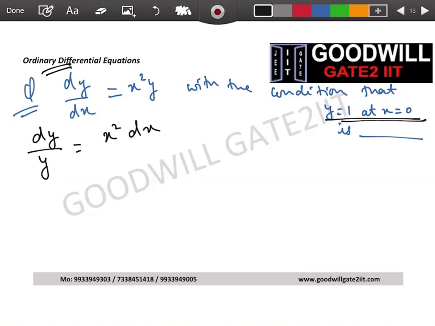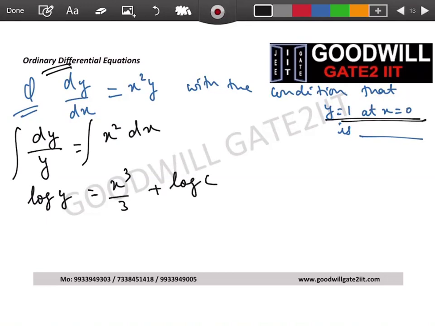Then our second step will be to integrate it. To find the solution, we have to integrate it. So integrating, dy by y will become what? Log y is equal to x cubed by 3 plus log c.